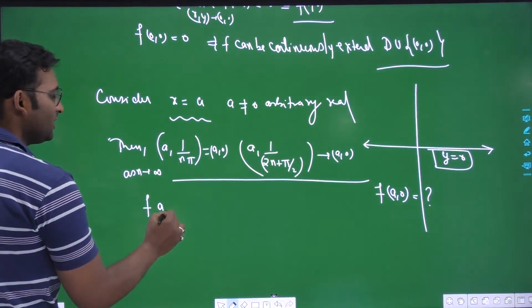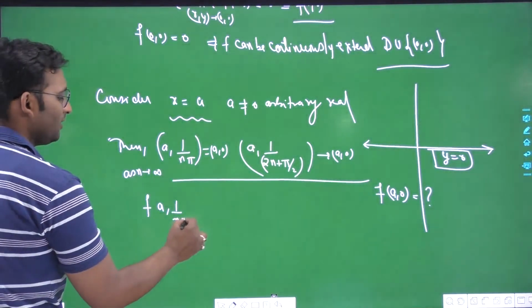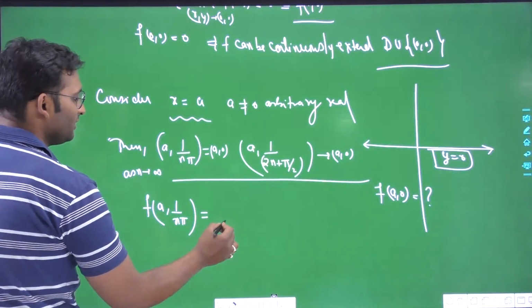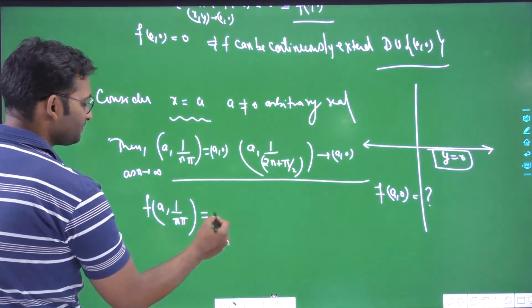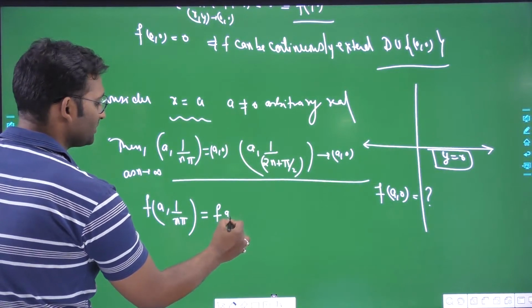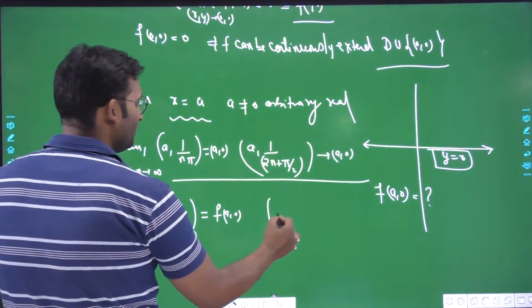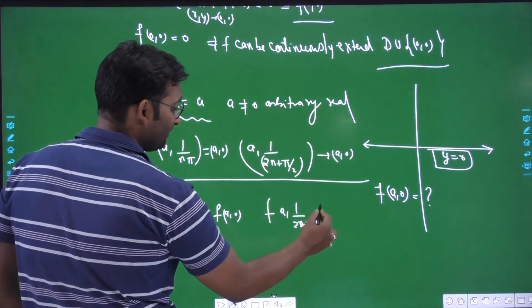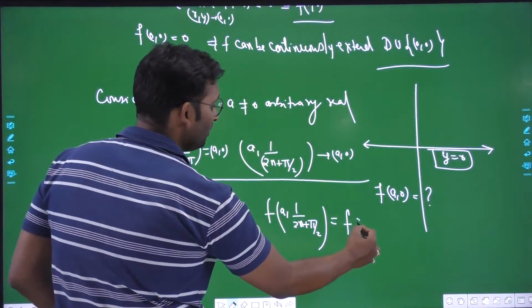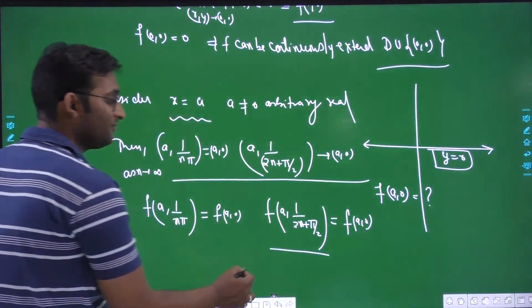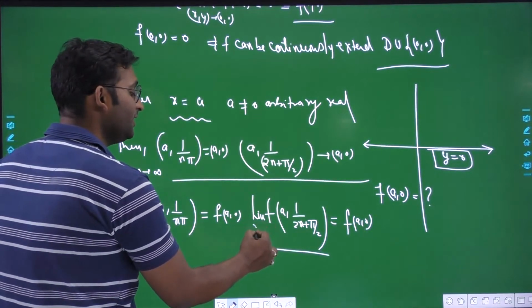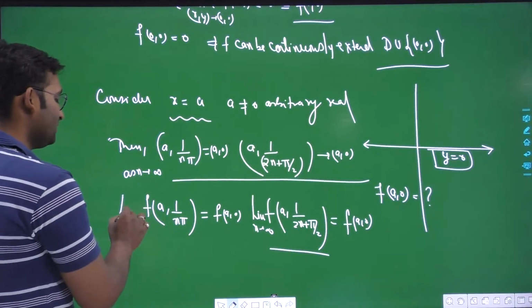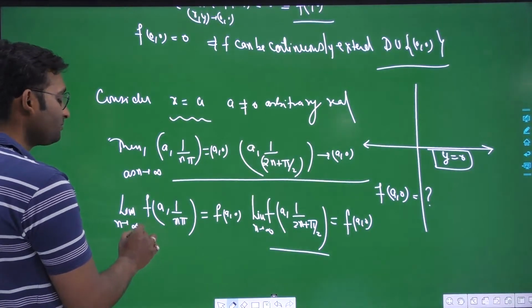So if I impose f at (a, 1 over n pi), I will converge towards f of (a,0), and similarly f of (a, 1 upon (2n plus 1) pi by 2). If in case I want to extend, then I need to use this limiting definition as the value at (a,0).